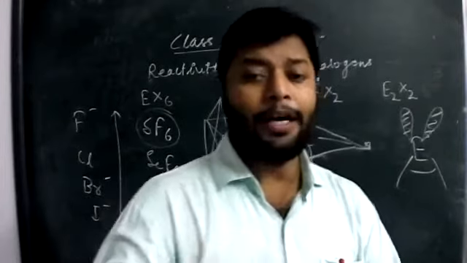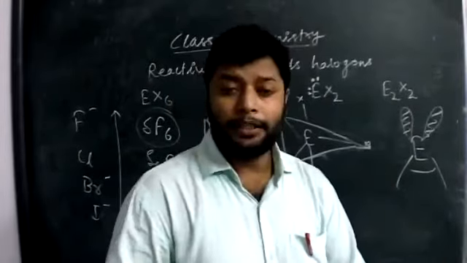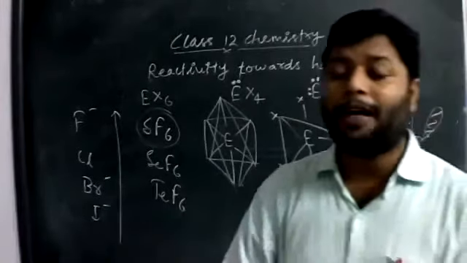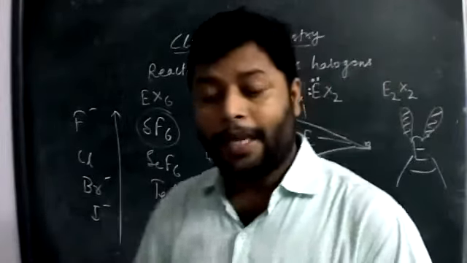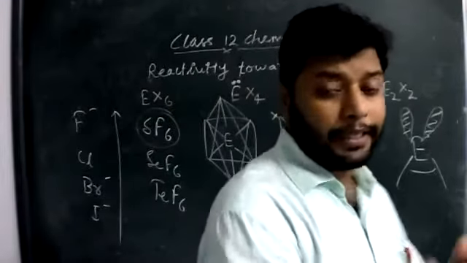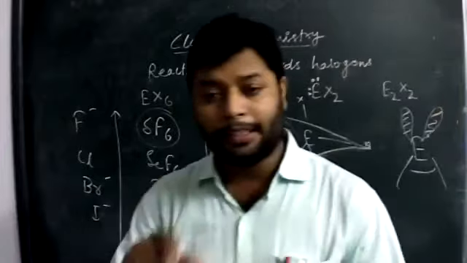So you should learn the geometry of the different halides and the stability of the different halides, and try to learn the concept of stability. As I said, stability always depends upon the extent of overlapping and the tendency of hybridization.